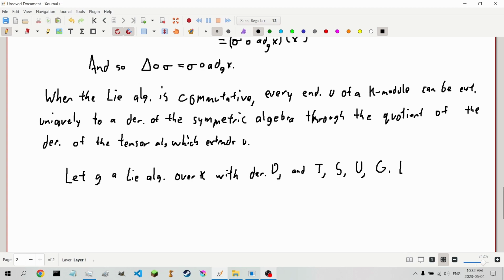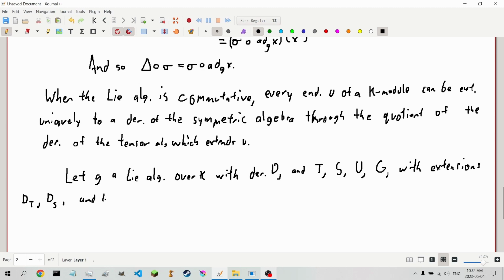We're going to extend D to T, and D to S separately.